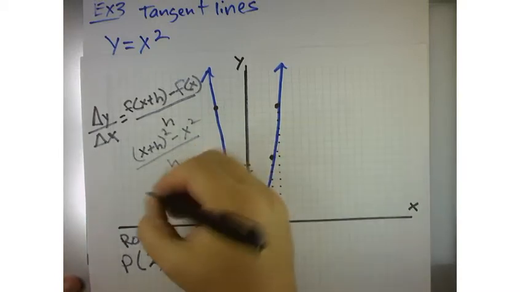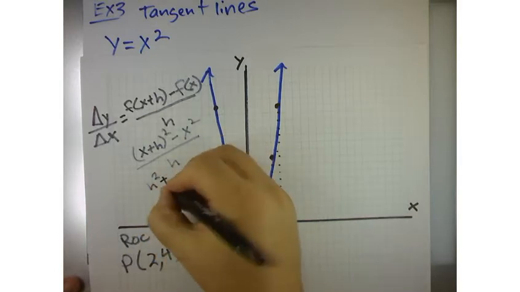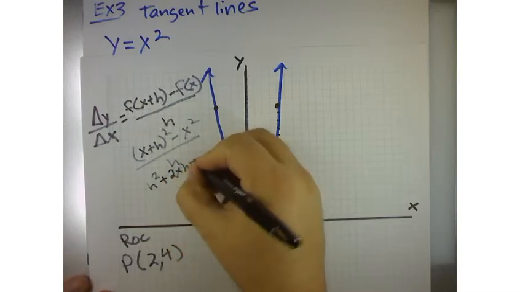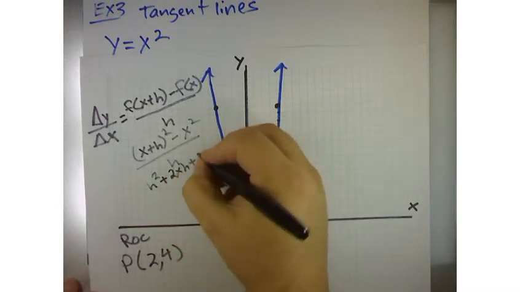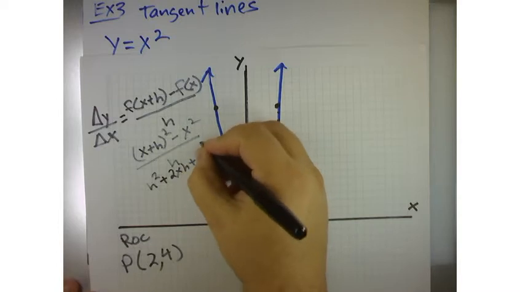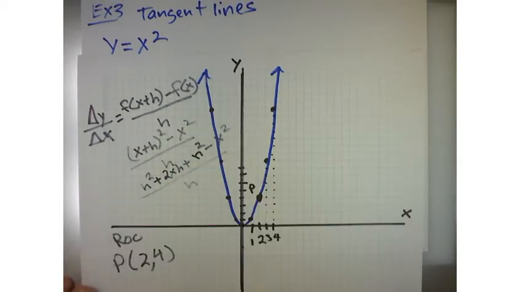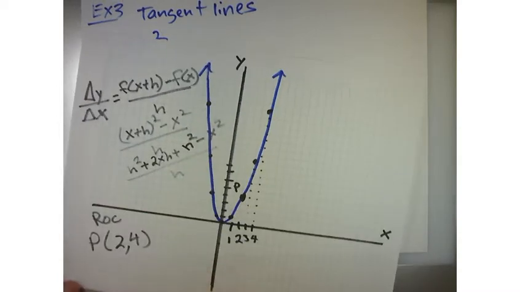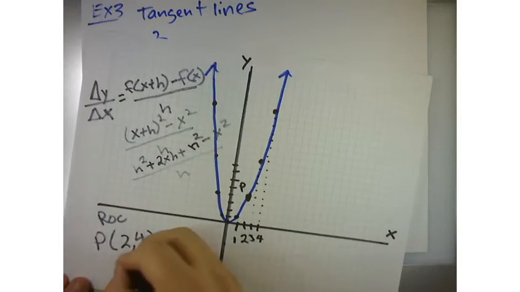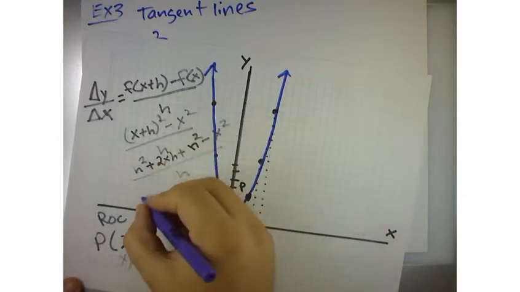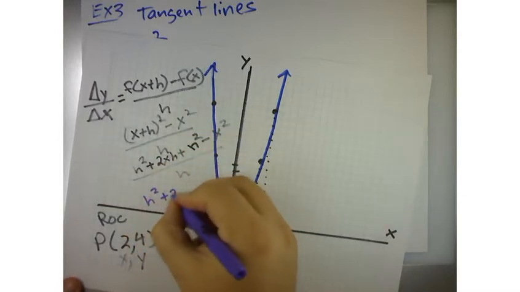And then if I push that through, I get h squared plus 2xh plus h squared minus x squared all over h. Now, what are we looking at with regards to the x value? 2, 4. So wherever there's an x, I could plug in a 2. So I've got h squared plus 2 times 2.